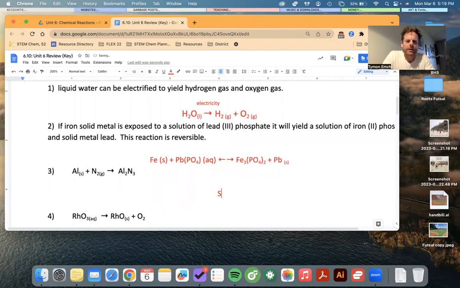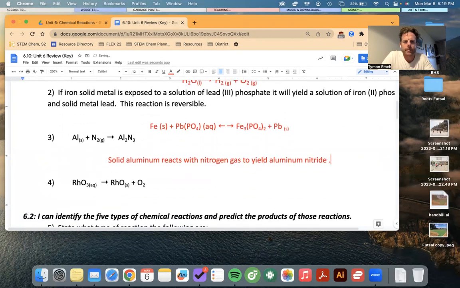These are generally a little bit easier, but this would be solid aluminum reacts with nitrogen gas to yield aluminum nitride. Bam, bam.